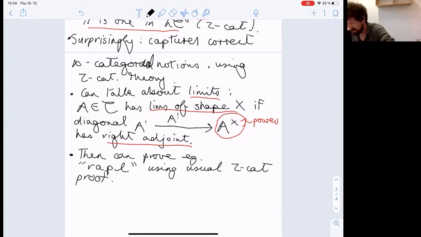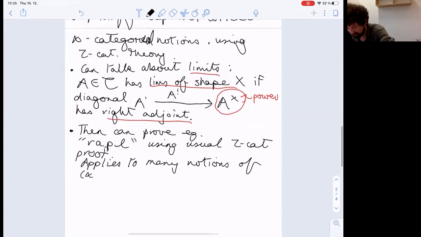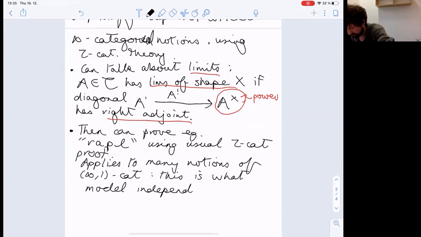And so this applies to many notions of infinity-1 category. These proofs apply to the different notions, and this is what the term model independent means, if I understand it correctly.